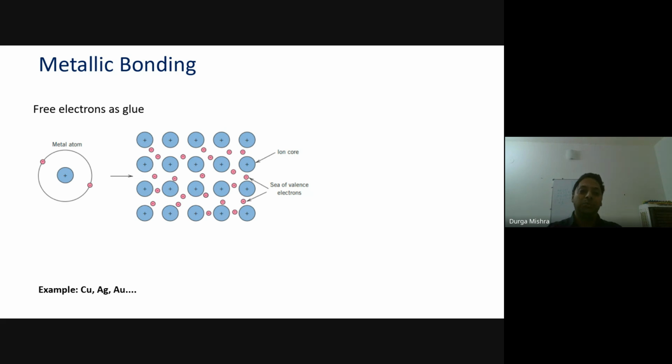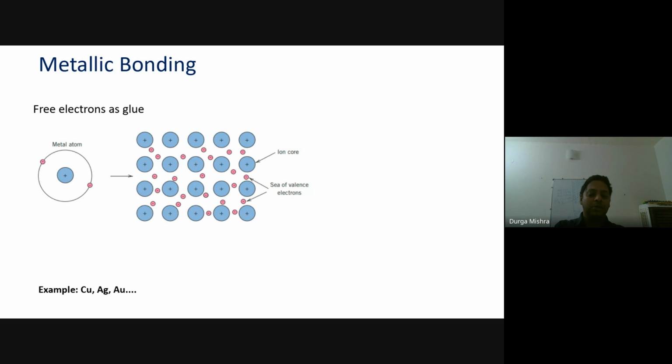This is what metallic bonding is all about. Since you have lots of free electrons, you have very good conductivity in this material. Whenever you apply an electric field, these free electrons can easily move and you get good conductivity.